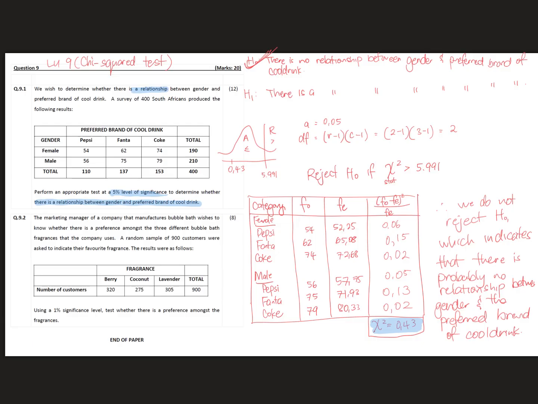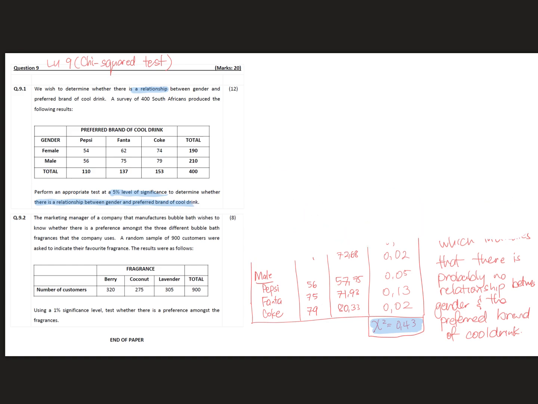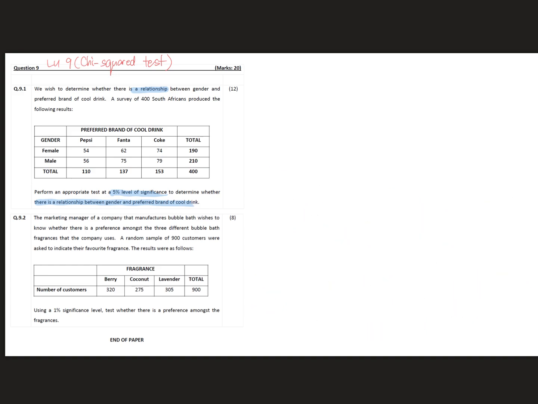So I'm going to erase what's on the screen because I need a bit of space for the last question. So the last question now is just another question based on your hypothesis testing. It says that the marketing manager of a company that manufactures bubble bath wishes to know whether there is a preference amongst the three different bubble bath fragrances that the company uses.